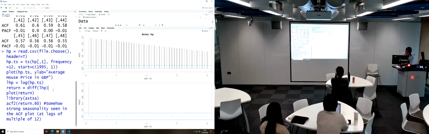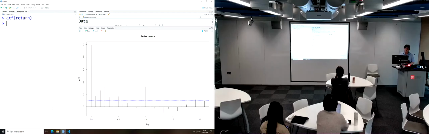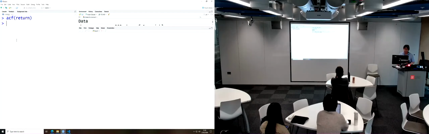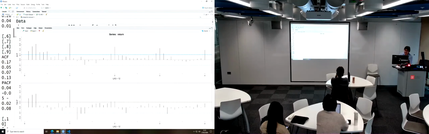So for the return, after removing the linear trend, what is the plot then? That's the ACF of the return. As expected, after you remove the linear trend, the return, which is the first order difference, looks more stationary.